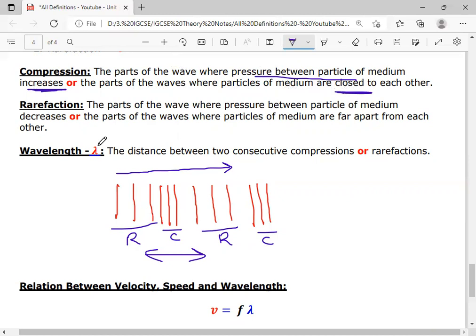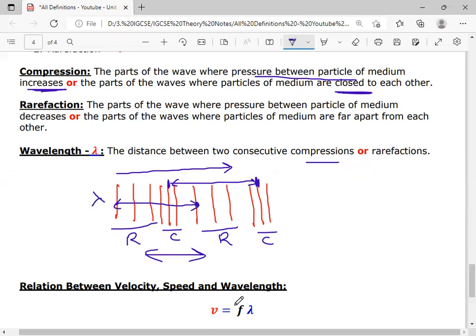Now we have to mention the wavelength, the distance between two consecutive compressions or the distance between two consecutive rarefactions. So if I start from the middle line of the compression, then the wavelength will be completed. And if I have to mark the distance between two rarefactions, if I start from the first rarefaction, then this distance is also called wavelength.